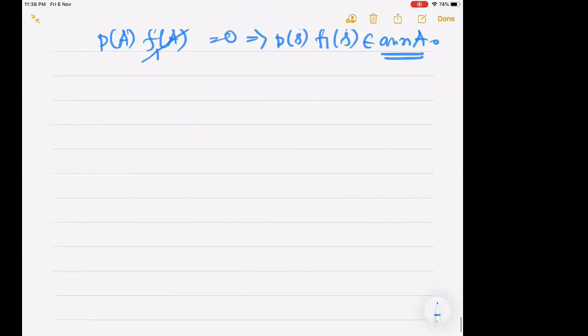But the annihilator ideal is an ideal in a PID.